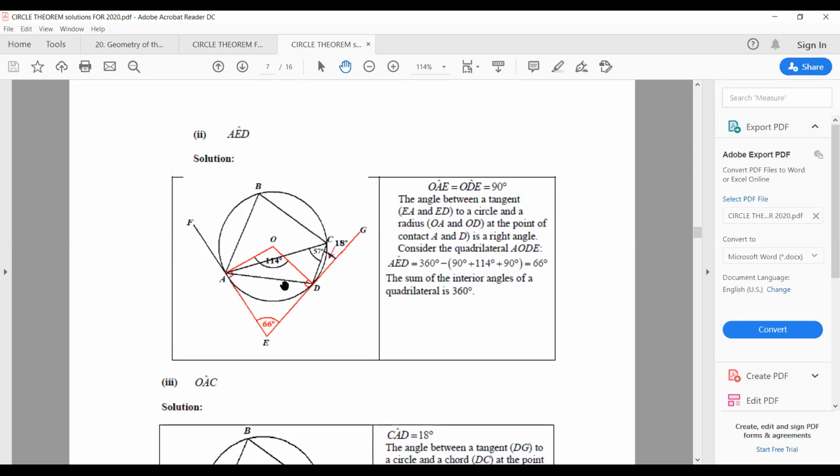So again, 90. What's that? 90 plus 90 plus 90, that's 276. Plus 114 is 194, and take away 360, you'll get 66. But 90 plus 90 is 180 though.